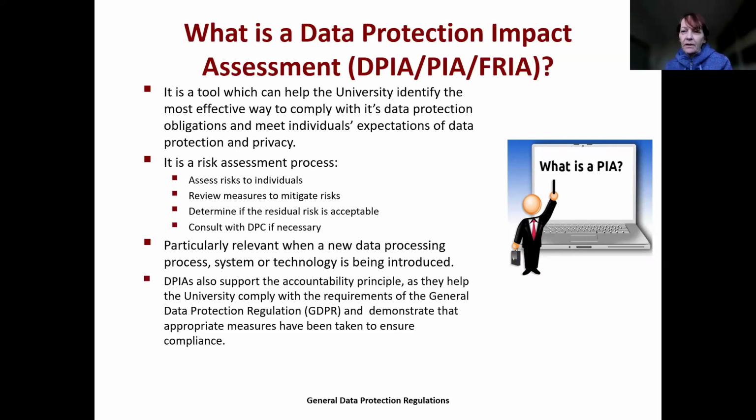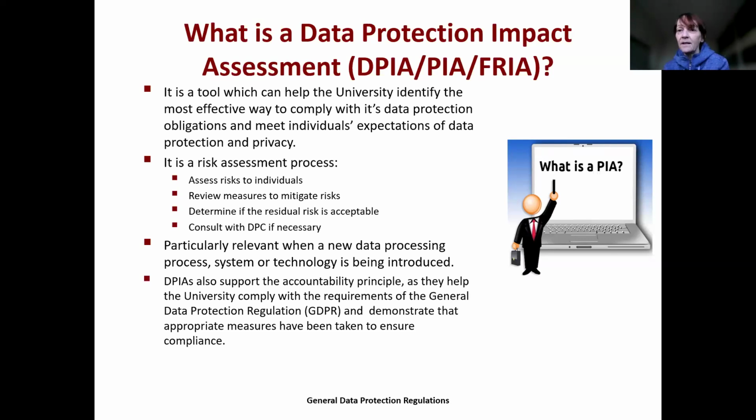It looks at the measures that are intended to be put in place to mitigate those risks, and then determines if the remaining risk is acceptable to the university. I'm not going to go into the highs and lows of risk analysis because that's a whole different presentation. But generally speaking, what are the risks? What are we doing to minimize those risks, and are they acceptable?